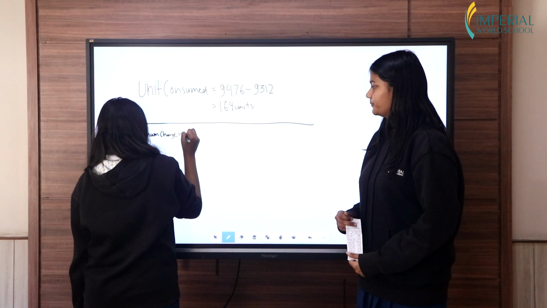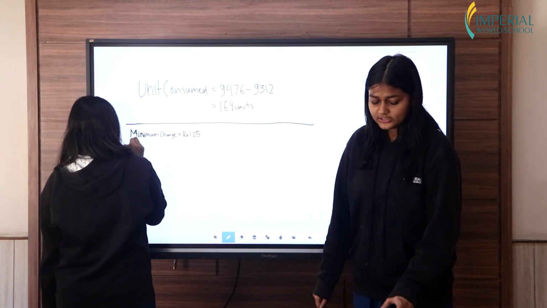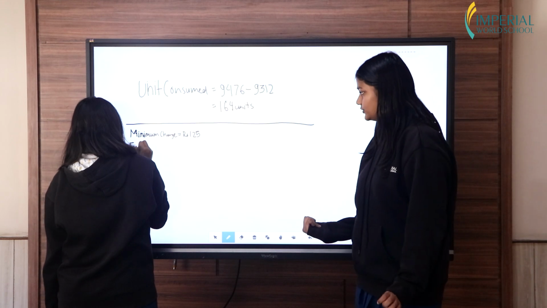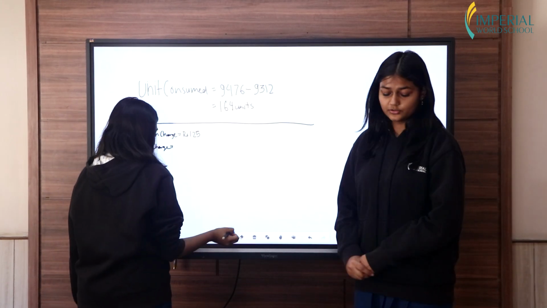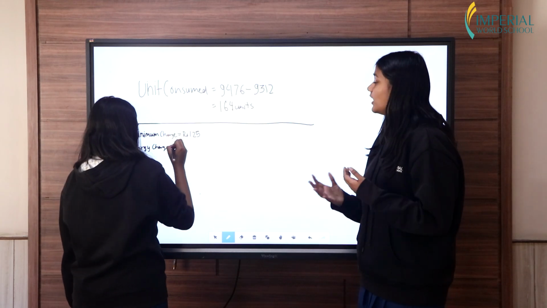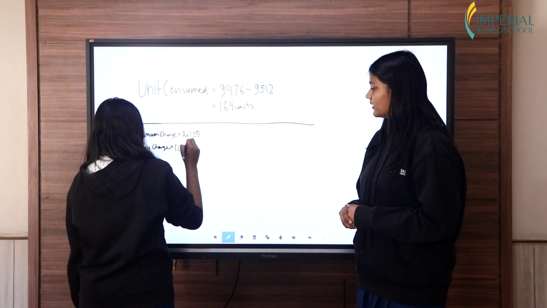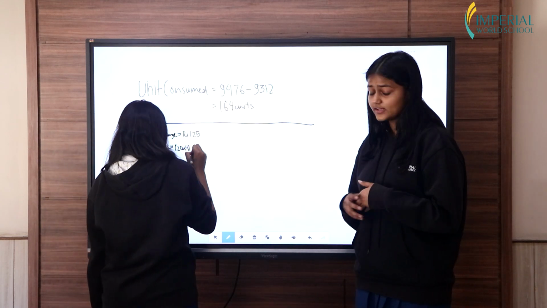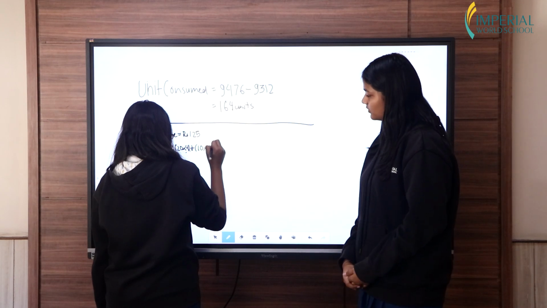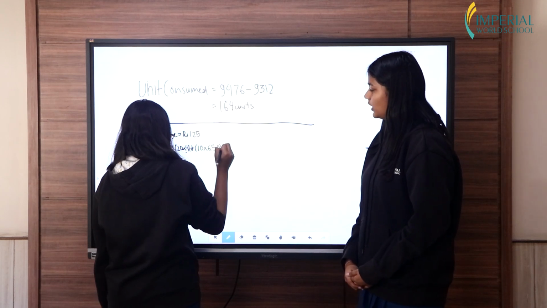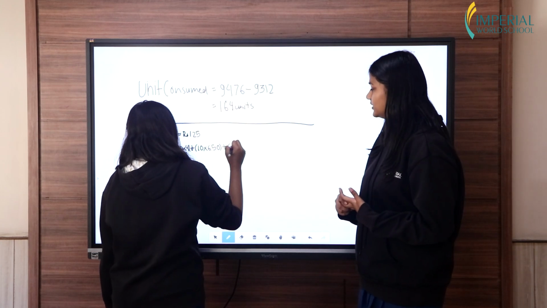Now we multiply each energy charge with the given unit. So for the first 20 units, the energy charge is 4. As for the second 10 units, the energy charge is 6.50. Now for the next 20 units, the energy charge is 8.